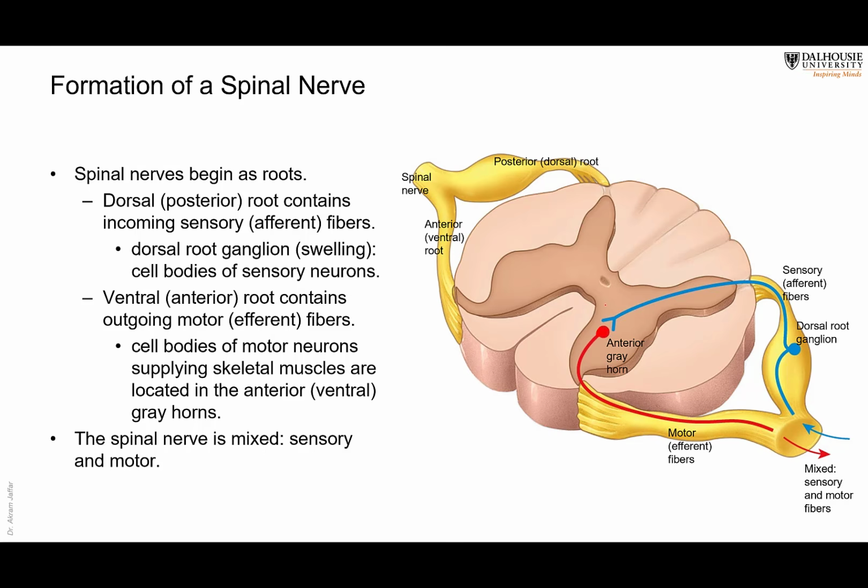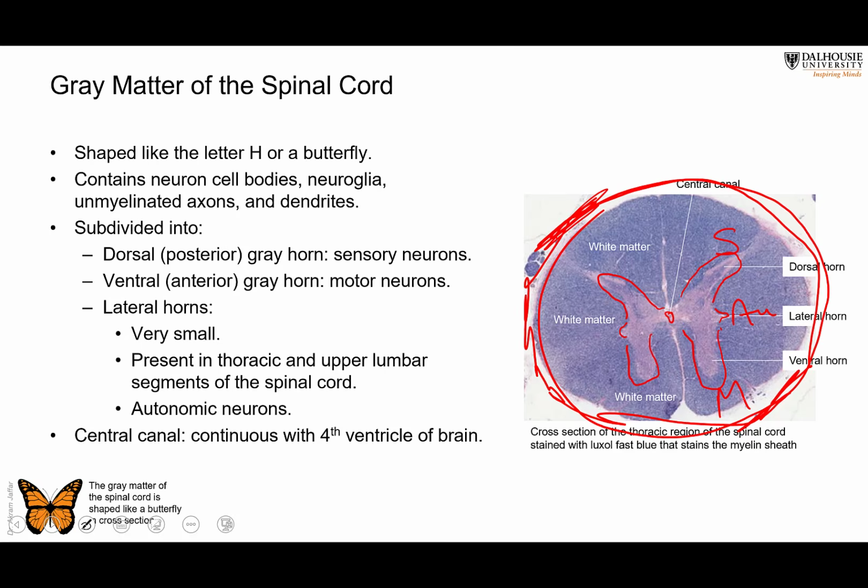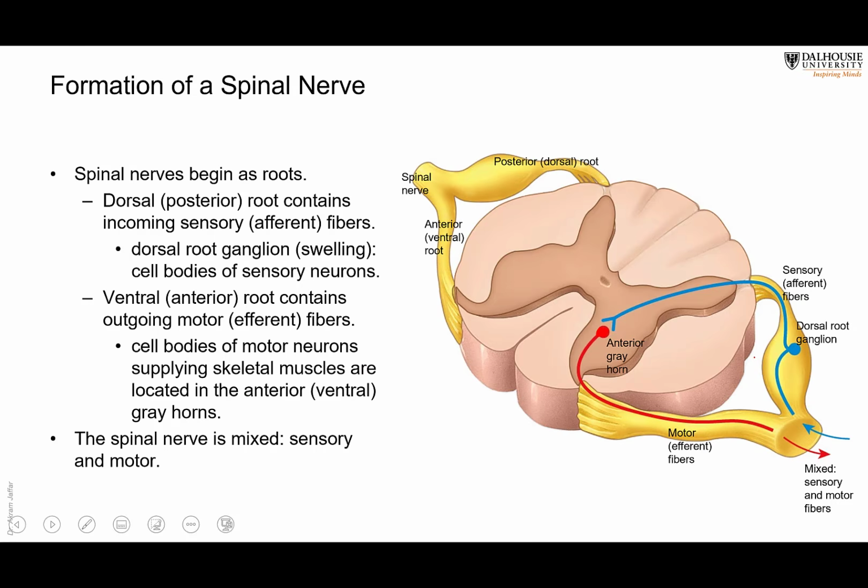The anterior horn, remember I just mentioned before that the anterior is motor. Okay, so these neurons which are present in the anterior horn are motor neurons. They send their axons, and the axons will form what we call a root, a ventral or anterior root of the spinal nerve. This is the motor or efferent root of the nerve.